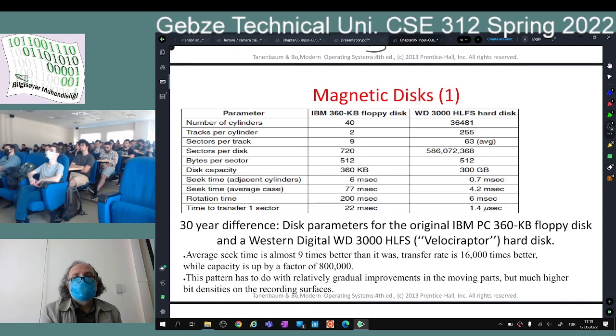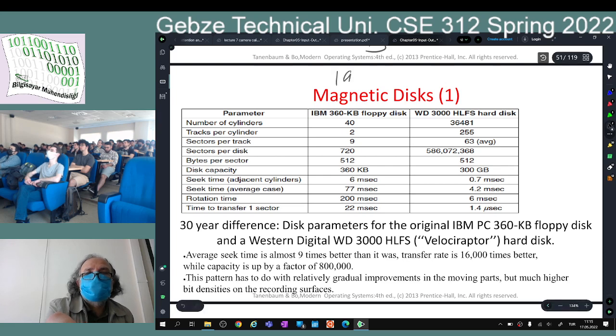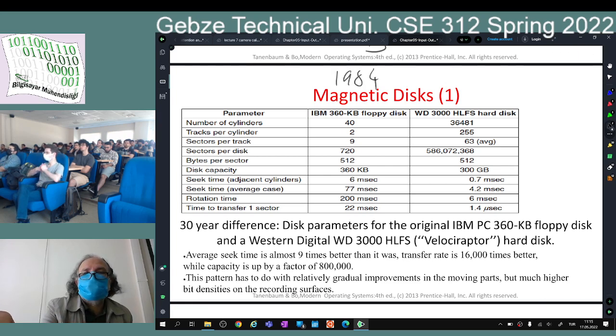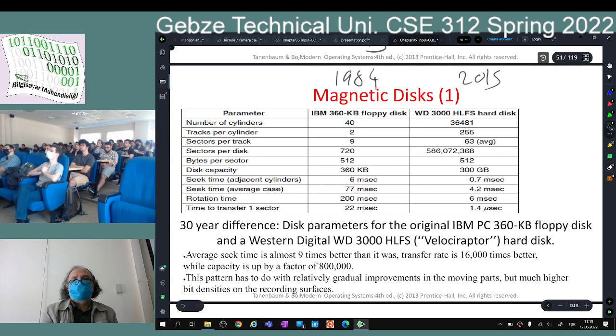So this is a picture. It's an old picture, about even older drives, magnetic disks. This is 1984, and 30 years later, this is 2015 maybe.